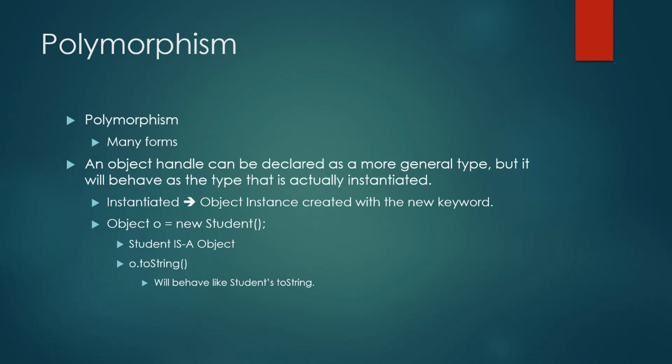We can do this because a Student is an Object. It won't work the other way around because not all objects are students. But because Student will always inherit from Object, eventually, as it's the top of the object hierarchy, we can declare it this way. When we do o.toString, if we've overridden the behavior of toString in the Student class, we'll get the Student's toString method. That's polymorphism.